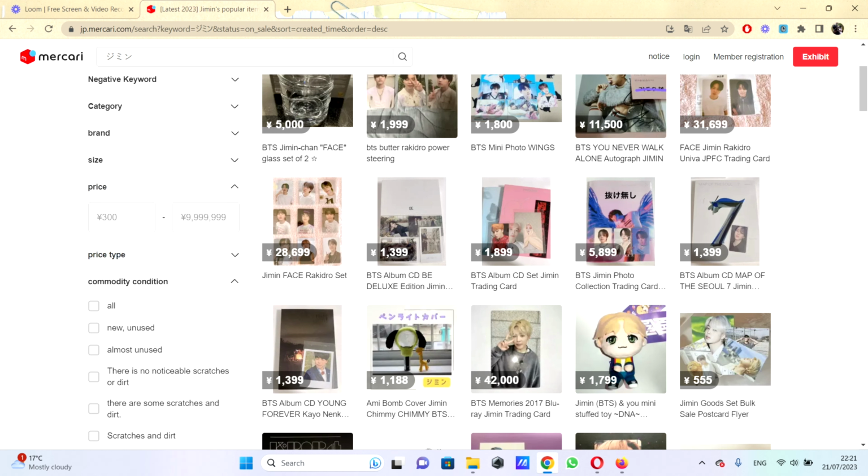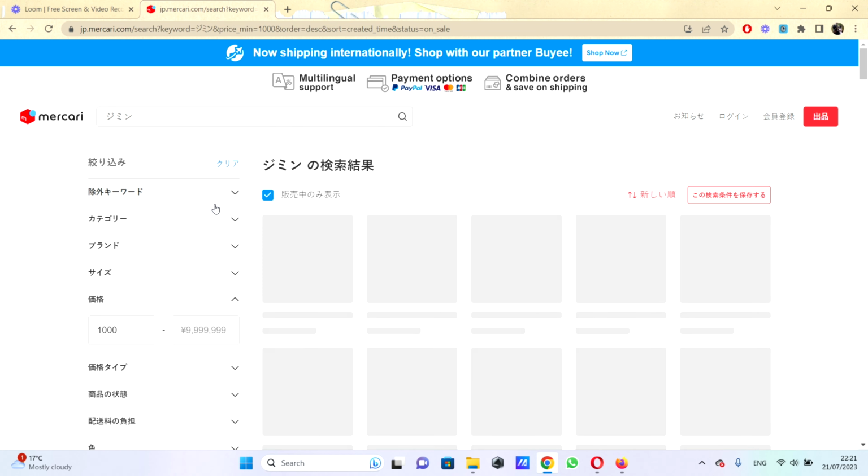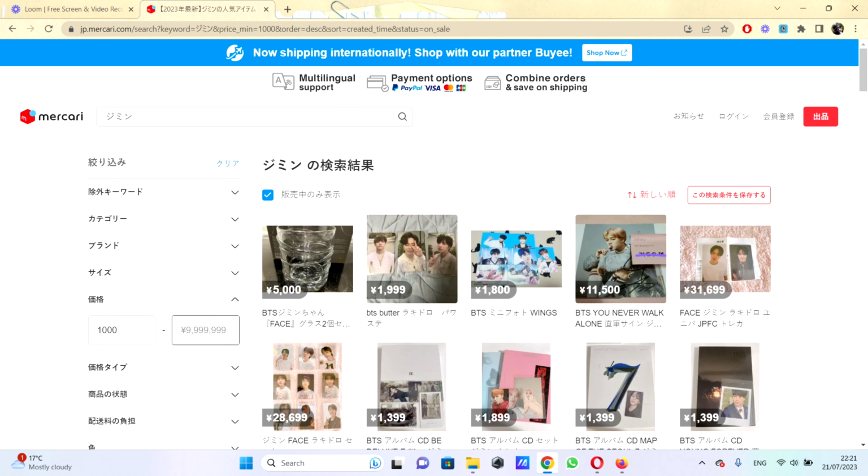You can do price. So you can see, the minimum is 300 yen and the maximum is 5,000 yen. So for example, you want to search from 1,000 yen to 5,000 yen. What you would do then is you put in 1,000, then it will reload, and then you do 5,000. So all that will come up is only the items in that specific price range.